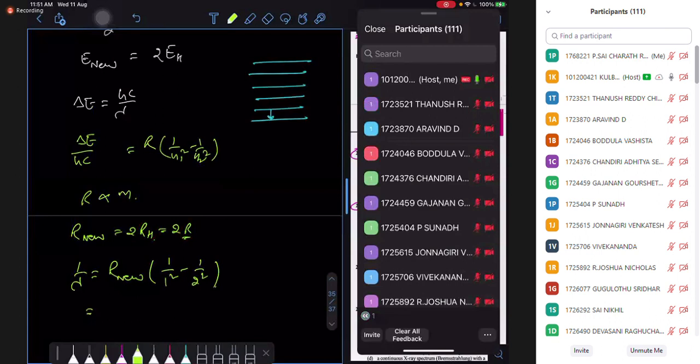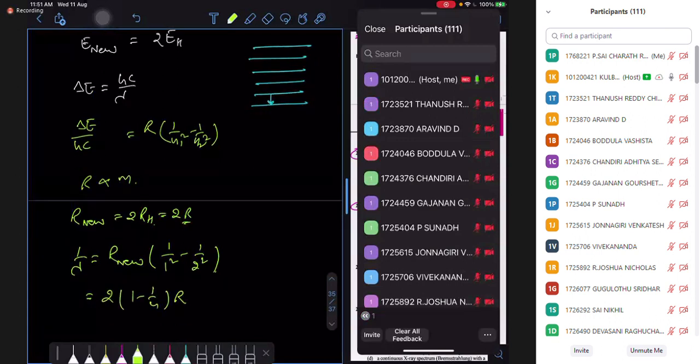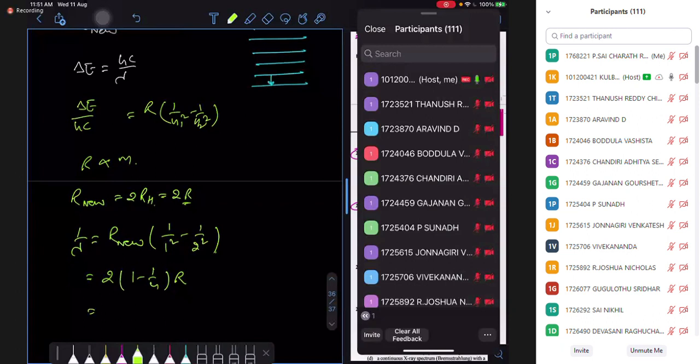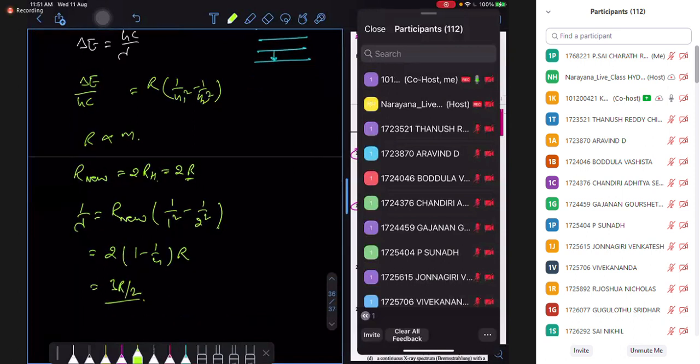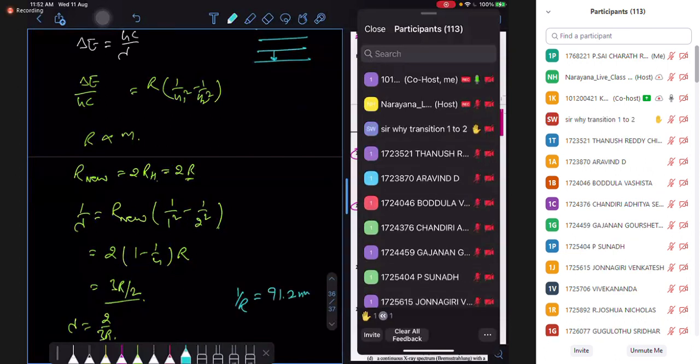So it's going to be 2 times (1 minus 1 by 4) R, so it's 3 by 4 into 2. So the wavelength we get is 2 by 3R. Or in the case of hydrogen, 1 by R is 91.2 nanometers.